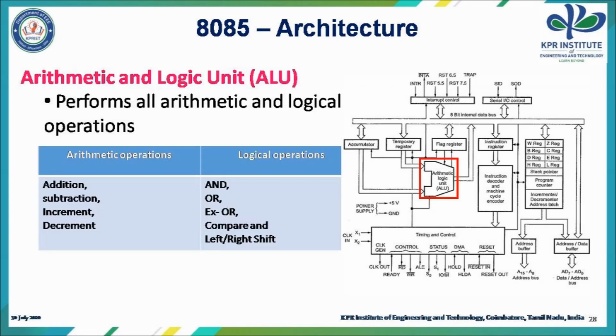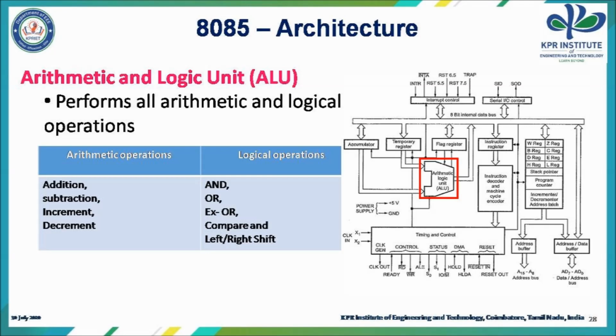The first and very important block of 8085 microprocessor is arithmetic and logic unit. It is also called the heart of the microprocessor and it performs all arithmetic and logical operations. The arithmetic operations include addition, subtraction, increment and decrement, and the logical operations include AND, OR, XOR, compare and shift.